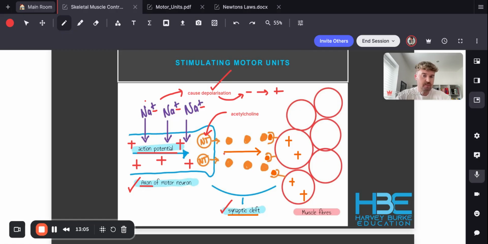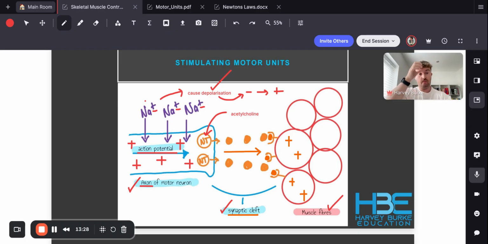The neurotransmitter diffuses across the synaptic cleft until it reaches the muscle fibers. And then if the threshold is met, this is where you can add in the all or none law. If the threshold is met, all of these muscle fibers in this one motor unit will contract. So that would be the maximum marks available.